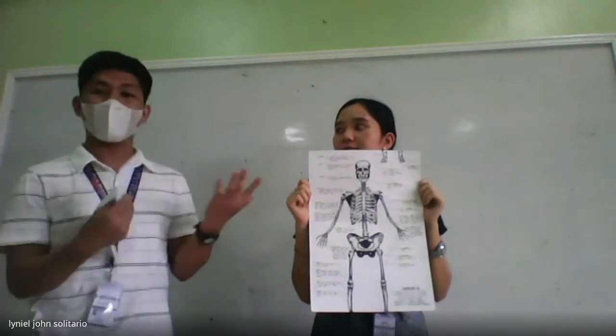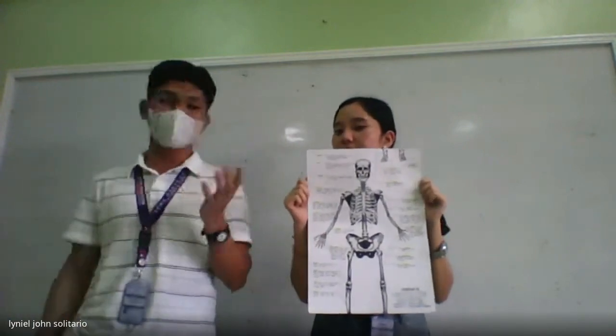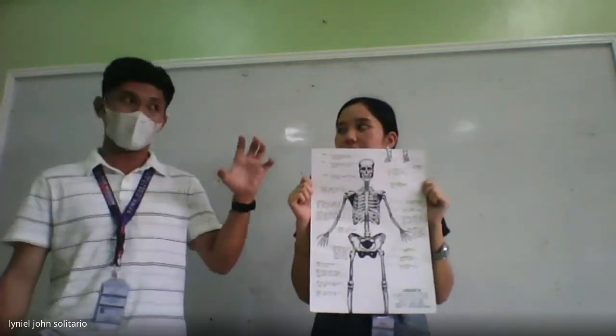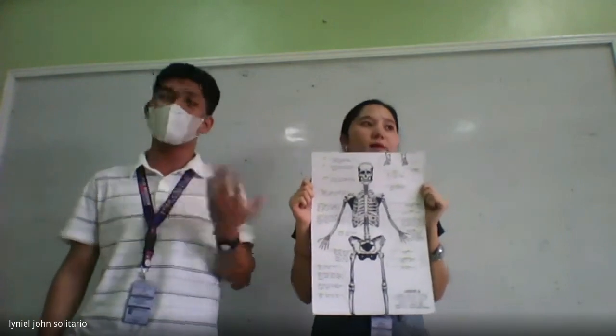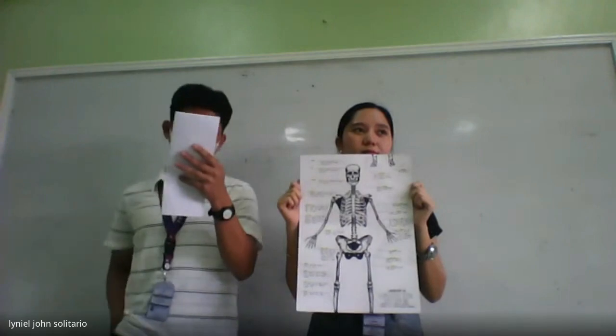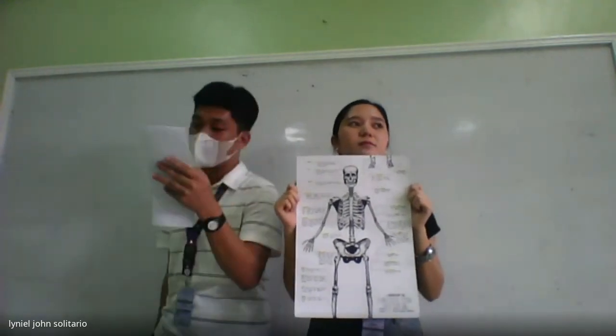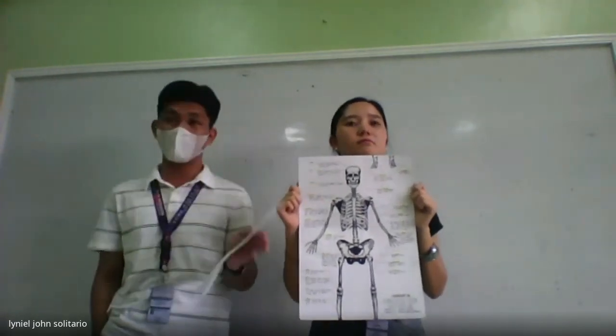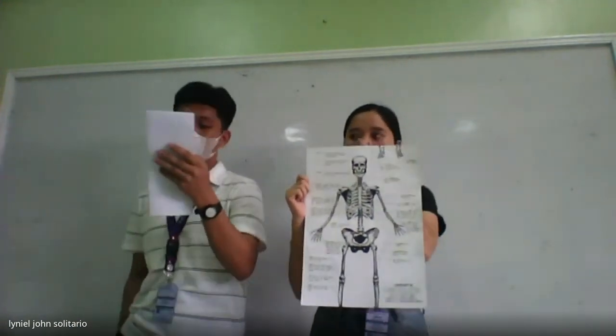The bones in our hands and feet help us grip things and walk in an upright motion. The skeleton supports the body and protects its internal organs, and it is held together by the ligaments.